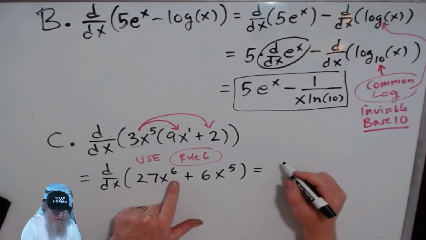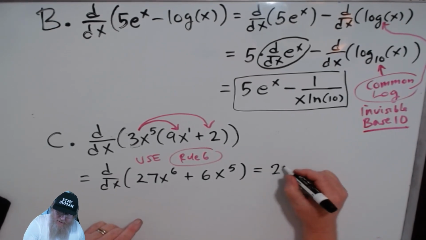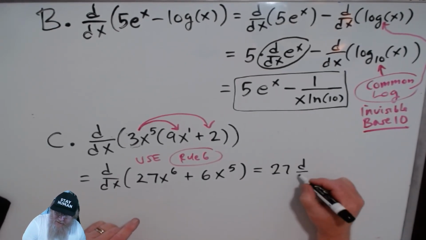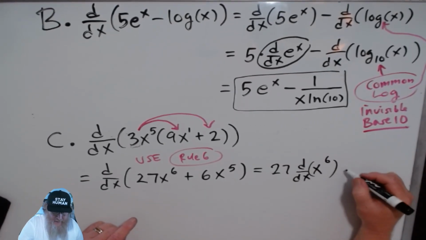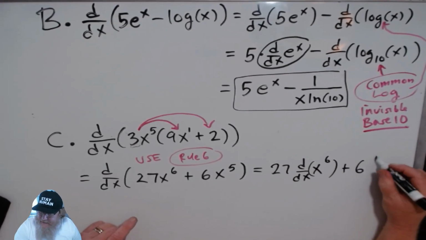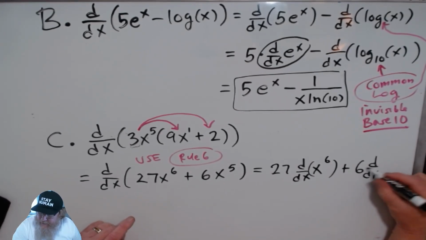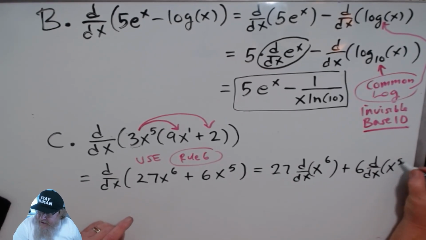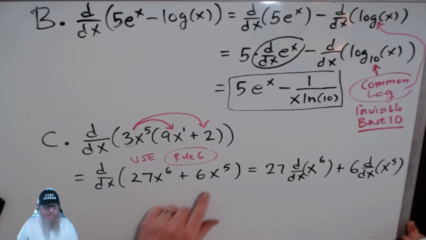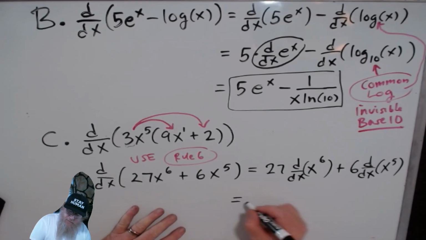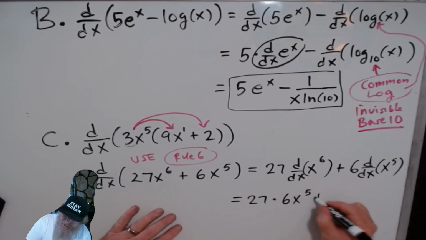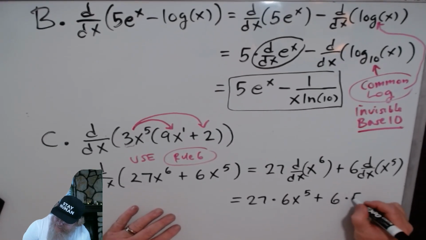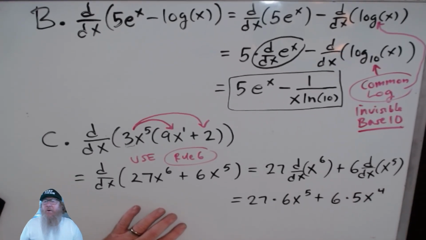So that's going to be 27 times the derivative of x to the 6th plus 6 times the derivative of x to the 5th. So that's going to be 27 times 6x to the 5th plus 6 times 5x to the 4th.